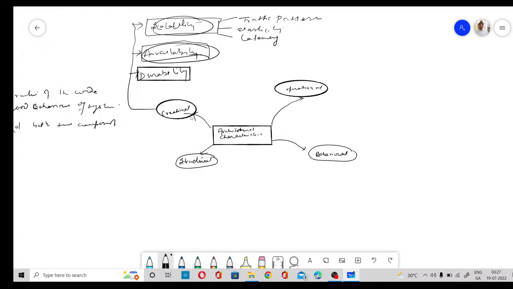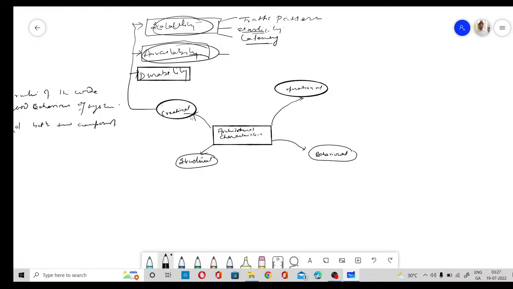So when we talk about availability, it's nothing but a kind of deployment: how you are deploying your system effectively.